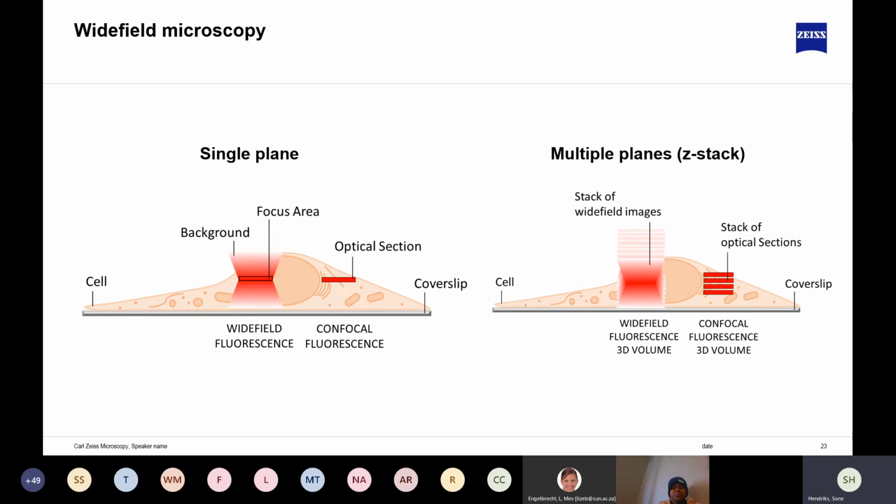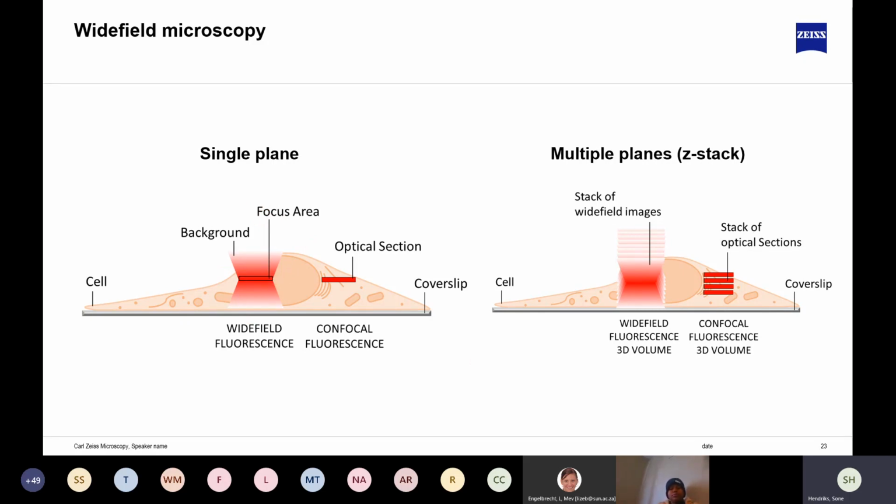Okay, in a Widefield microscope, the image contains light from the focus area as well as above and below the focal plane. All right, so a Widefield system would always have a lot of blur, which we've shown in the previous samples.